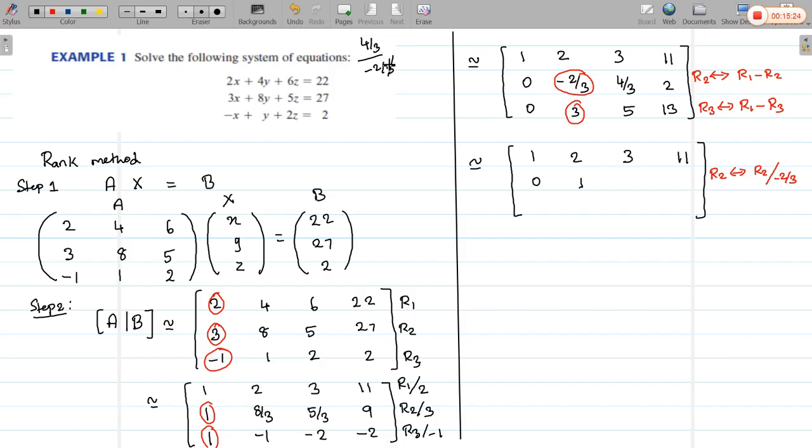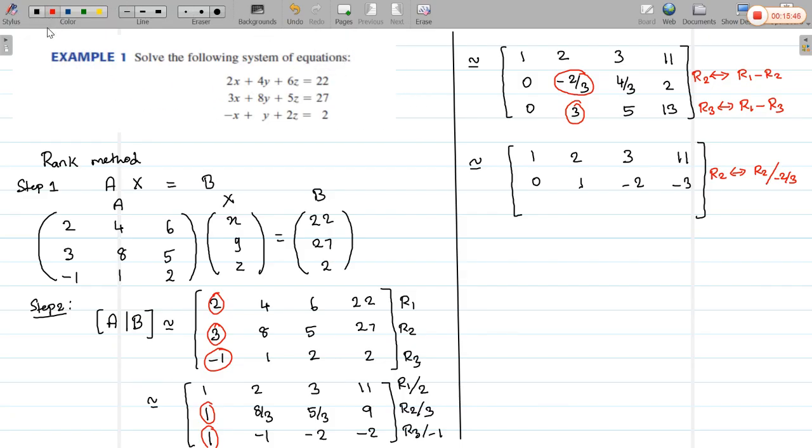Is it okay? So this 3 will be cancelled and you will get minus 2 over minus 2 over 3. So this 2 will be cancelled and I take this 3 to the numerator, it will be minus 3. So this is the new row of R2.